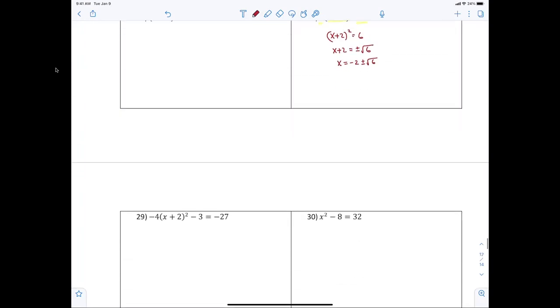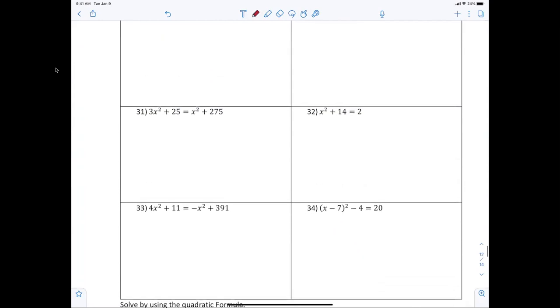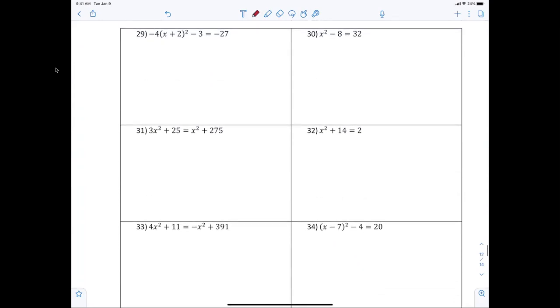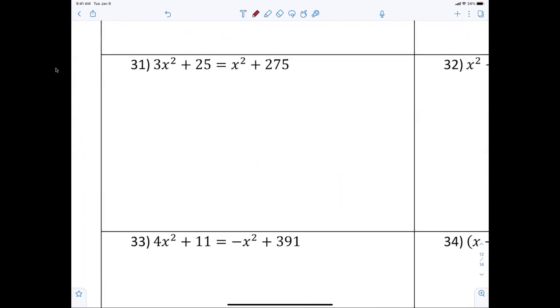Oh, well, actually, I didn't realize I gave more. So let's try 31. What do I have to do on 31? Combine the x squared. So what's that going to be? 2x squared equals what? 250.